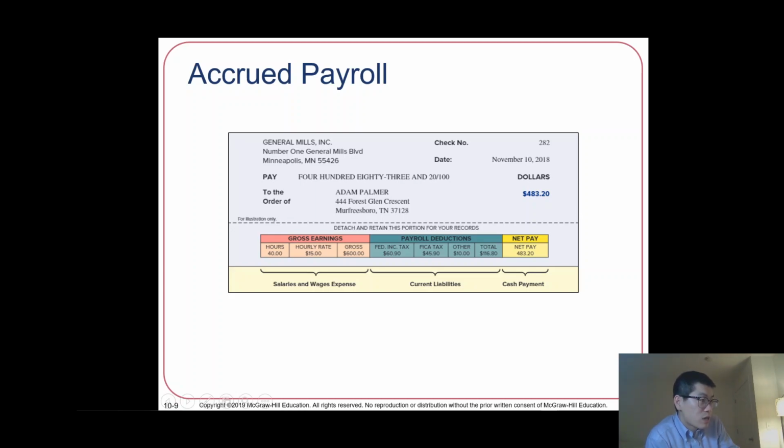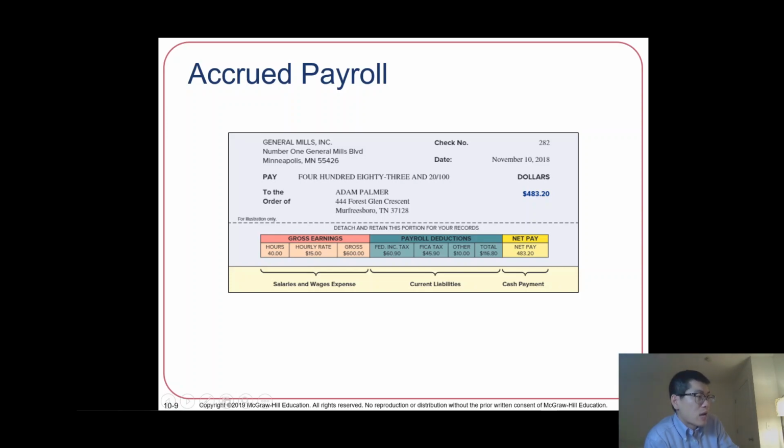But out of this $600, you're going to pay federal income taxes of 60-something, FICA taxes, and other deductions, probably your donation, health insurance or union dues. In total, these deductions are $116.80. After this deduction, your net pay is $483.20. This is your take-home payment.